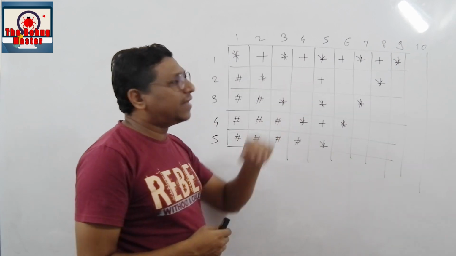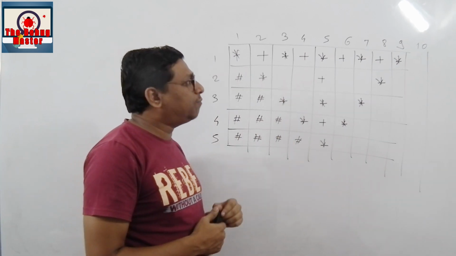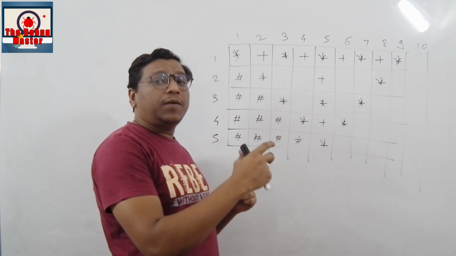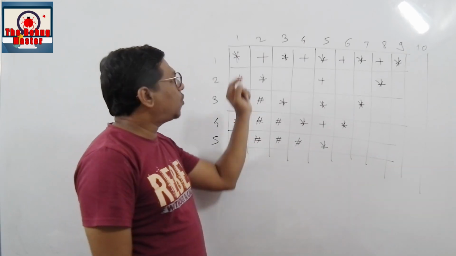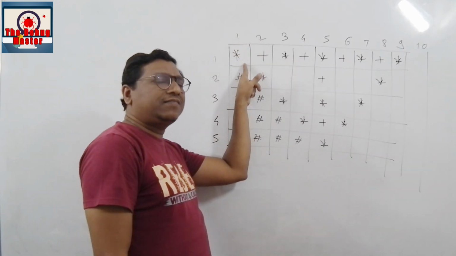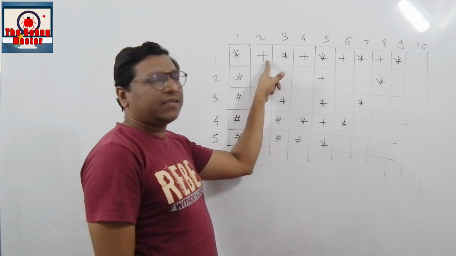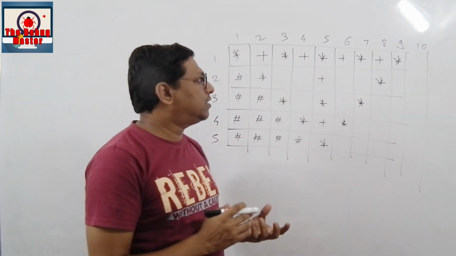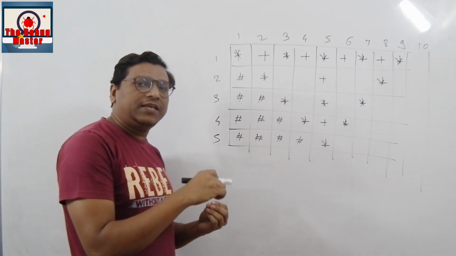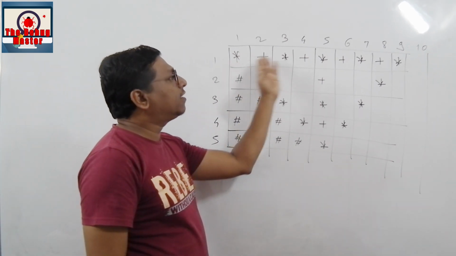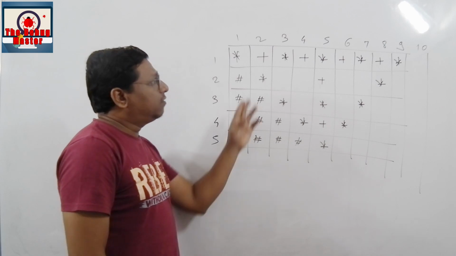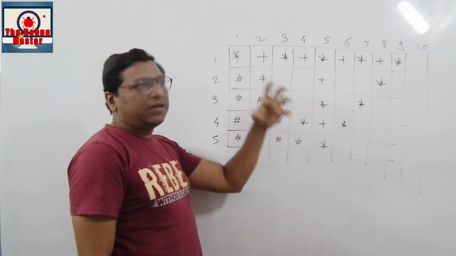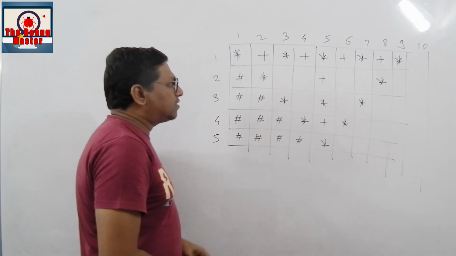We can print this type of alternate symbols by using the column number. If the column number is odd, we print star, and if the column number is even, we print plus. So we just need to check whether j is even or odd, and depending on that value, we can decide whether to print a star or plus symbol.